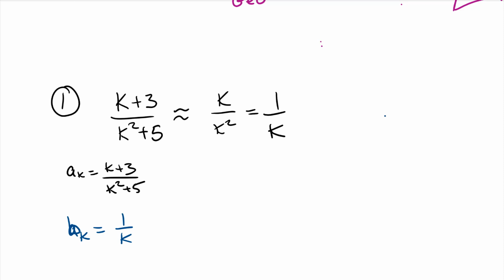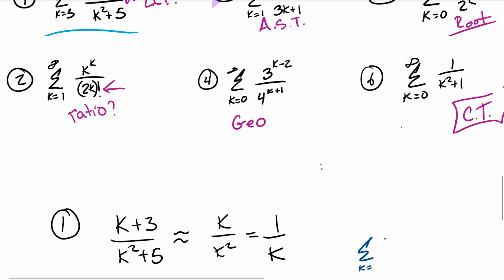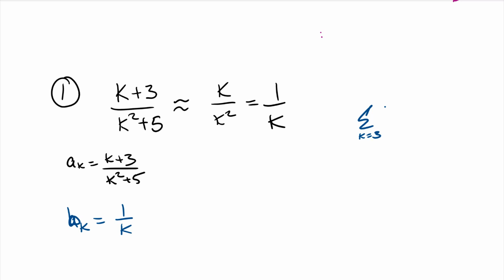Our test, the limit comparison test, tells us that whatever happens to our b sub k, the sum from k equals, where do we start, 3, up to infinity of 1 over k, well, we know that diverges because it's a telescoping series.